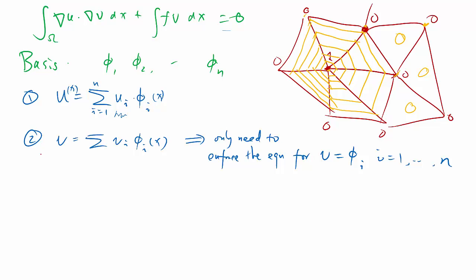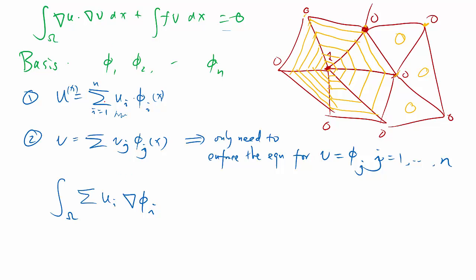Doing that, the first term becomes the integration of a summation of ui times the gradient of vi. Let me actually write this as j because I don't want the indices to conflict.